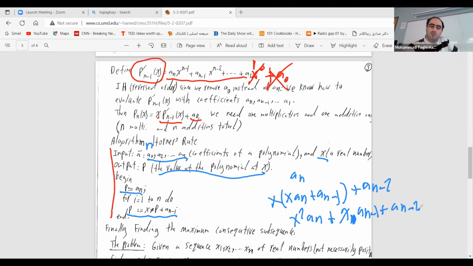I just do n multiplications. That is the whole algorithm. N multiplications and n additions, because we have a for loop of n iterations. Is it clear, everyone? People on Zoom, is it clear for you as well?